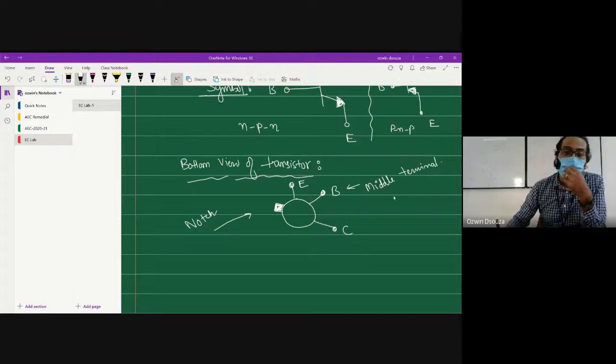The middle terminal is, sorry, lightly doped. I'm so sorry. Lightly doped, because conductivity is very poor. And for emitter and collector, I'll just put a star mark. This star indicates heavily doped terminals.